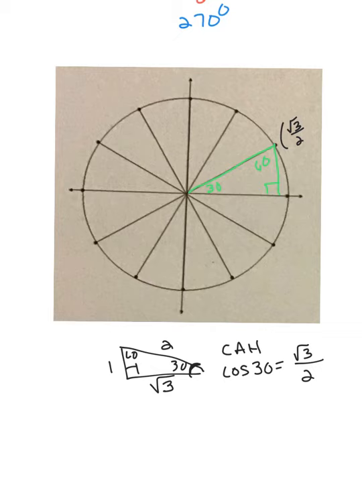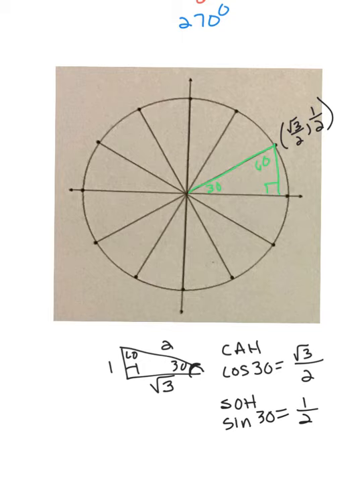The y-coordinate is the sine for 30 degrees. So come back down to our 30, 60, 90 triangle and remember that sine was SOH. So sine of 30 equals the side across from the 30 degrees, which is the 1, over the hypotenuse, which is 2. So the y-coordinate is 1/2. And this is all because this is a unit circle and the radius is 1.